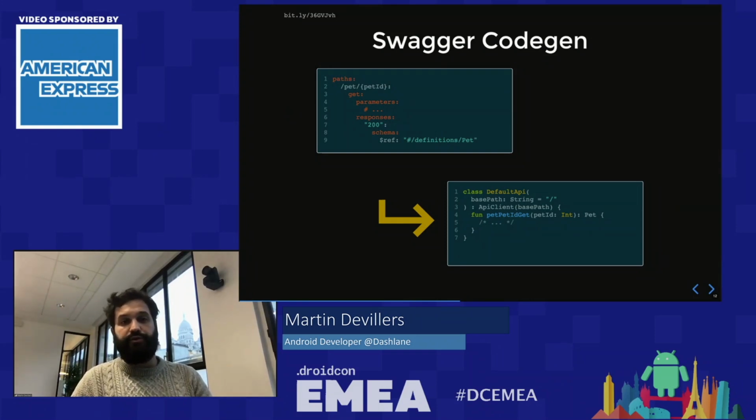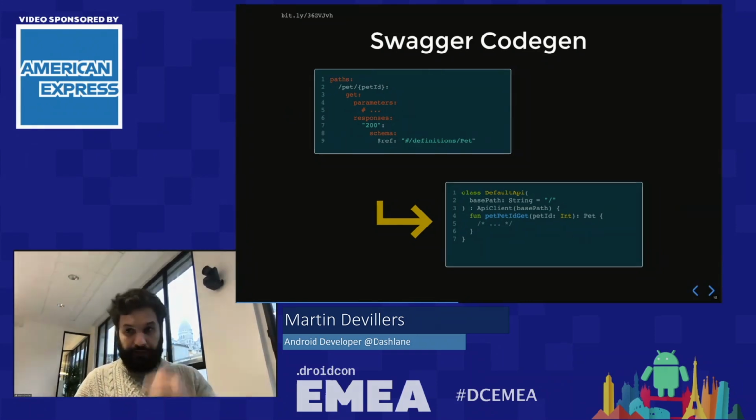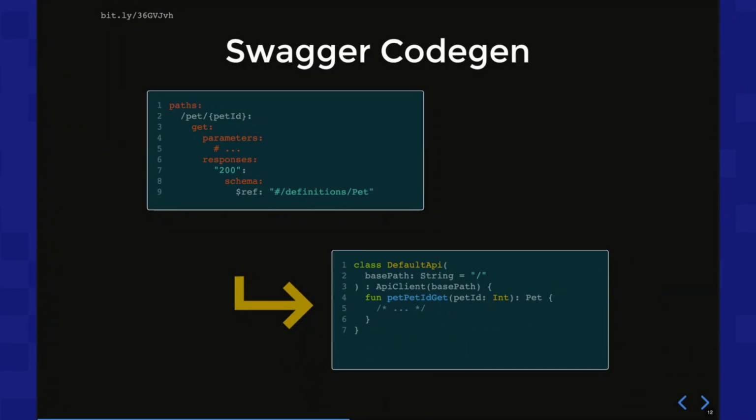And there are the parameters, which I commented out because there are a lot of parameters when you describe this. But essentially, the idea of Swagger is that it allows you to entirely describe your server API in a formal and structured way. And this way, you have a very clear contract between server and clients.